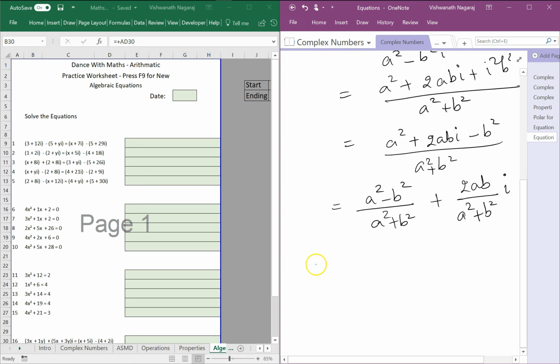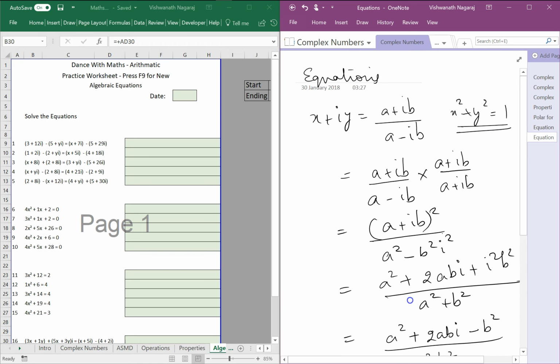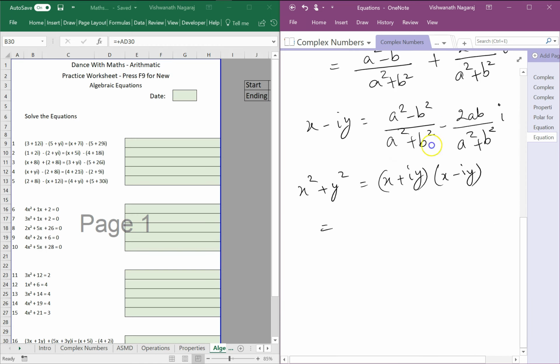Now x minus iy is equal to a square minus b square by a square plus b square minus 2ab by a square plus b square i. Okay, so x square plus y square can be written as, remember, x plus iy times x minus iy, and x plus iy is what we have done till here.